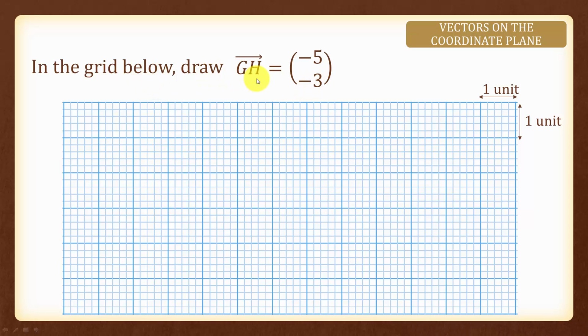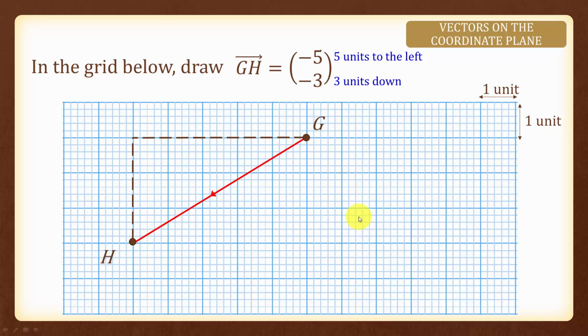Next, we are asked to draw the vector GH. We will start from the point G. Because of the negative, we will move 5 units to the left, followed by 3 units downwards. This will give us vector GH.